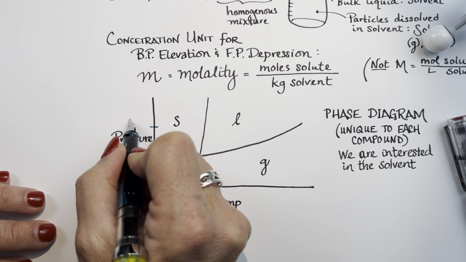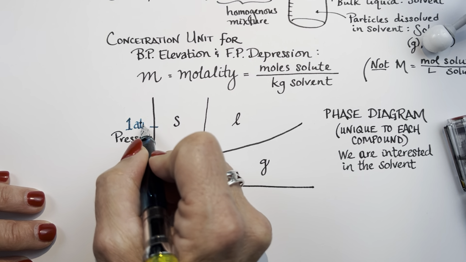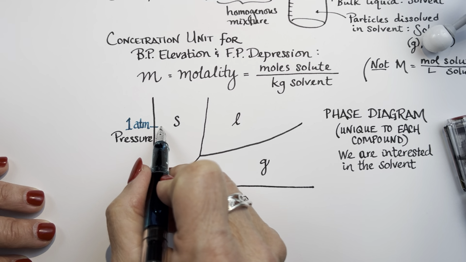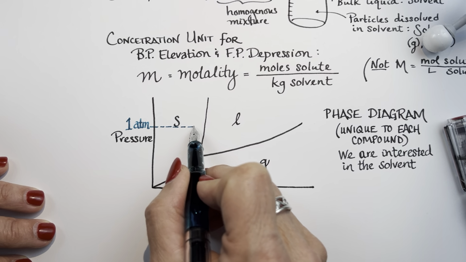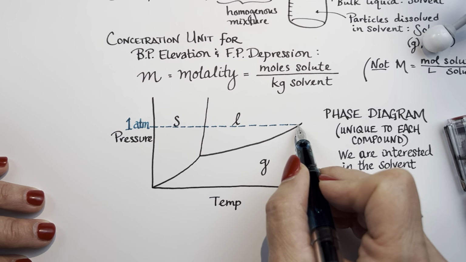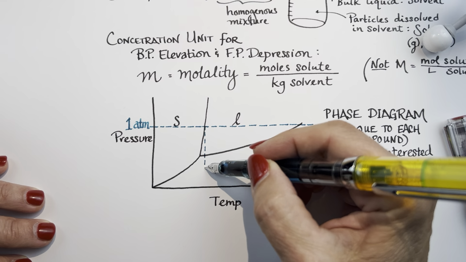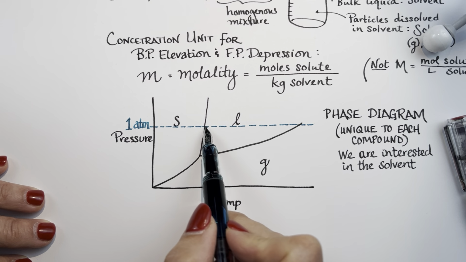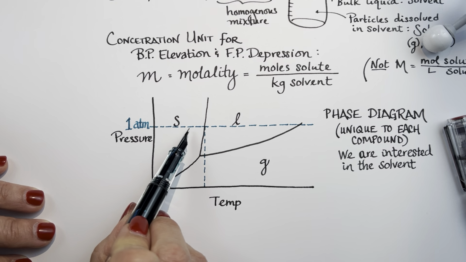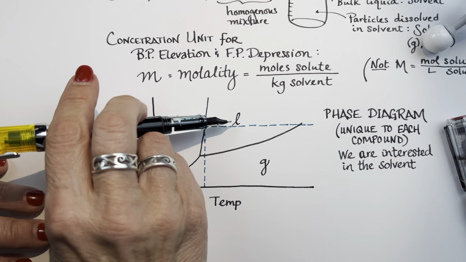Okay. So, if this is 1 atmosphere and we extrapolate 1 atmosphere pressure over for this particular compound, this is for the pure liquid, it means that this is the temperature at which the phase changes from liquid to solid if we are getting lower in temperature, or if we're starting at low temperatures, the point where, as we increase the temperature, the phase would change from solid to liquid.